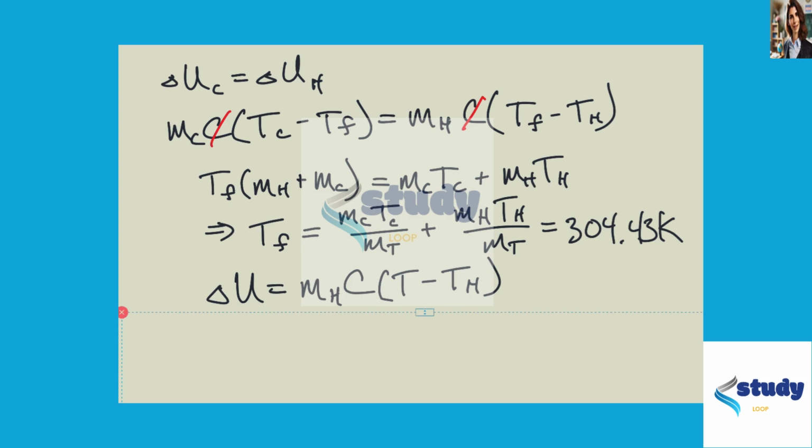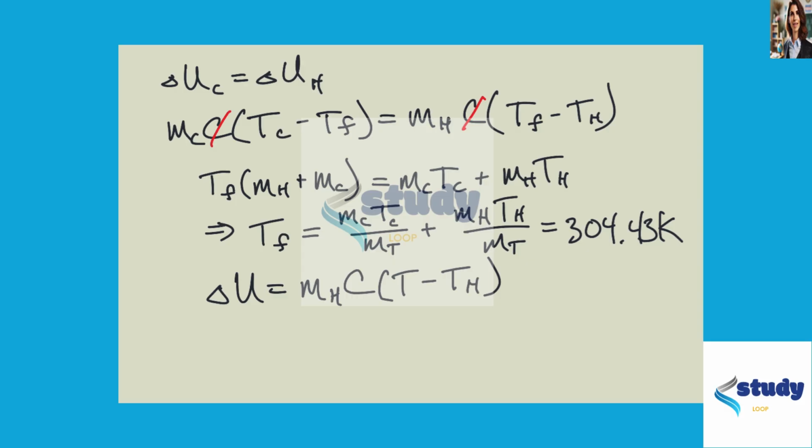Now, to find the change in entropy, which is what we're asked for next, assuming that there's no heat exchange with the air or the tub itself, we need to take a look at how the change in internal energy changes with temperature.